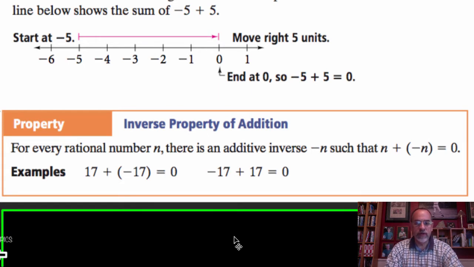So whenever we have a number, the opposite of that number, when added to it, will equal 0, and that's the inverse property of addition. So a positive 17 added to its opposite, negative 17, will equal 0. And a negative 17 added to its opposite, which would be a positive 17, also equals 0. So that's the additive inverse property.